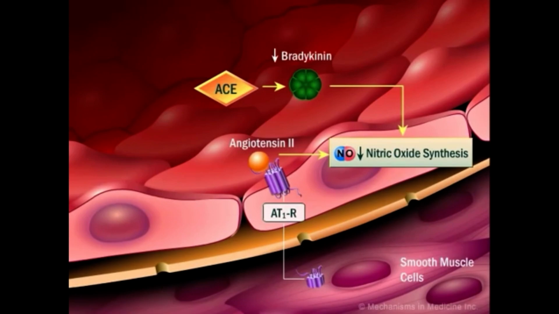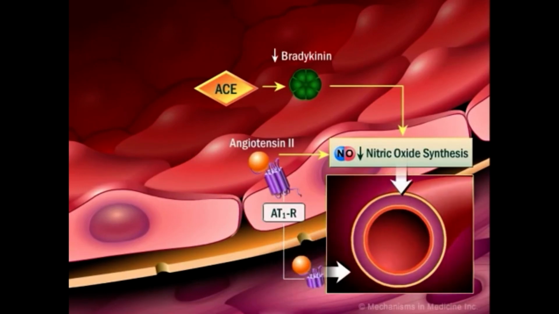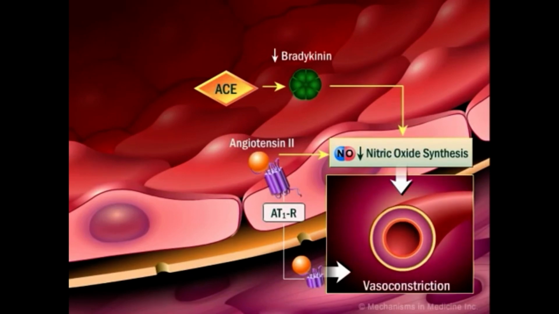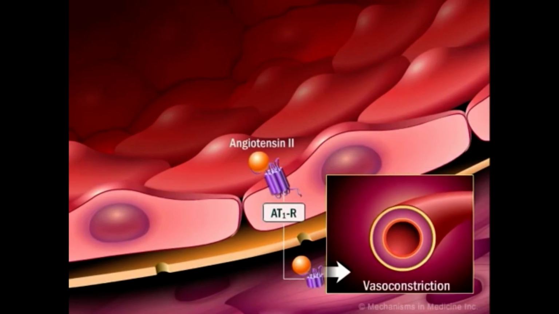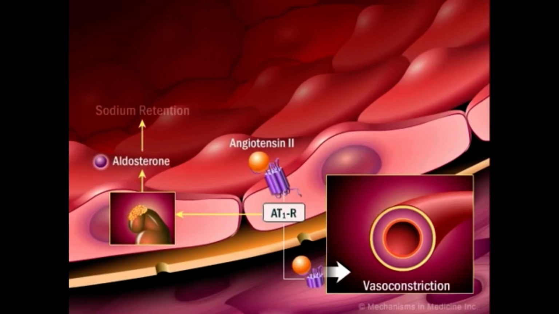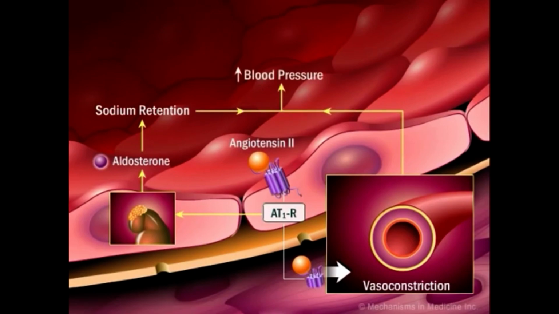Reduced bioavailability of nitric oxide, combined with the stimulation of AT1 receptors on smooth muscle cells, causes vasoconstriction. In addition to a vasoconstriction effect, stimulation of AT1 receptor causes the adrenal glands to release the hormone aldosterone, resulting in sodium retention. Combined with vasoconstriction, this increases blood pressure.